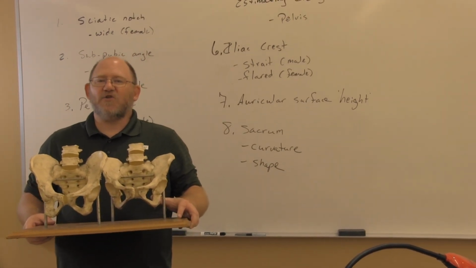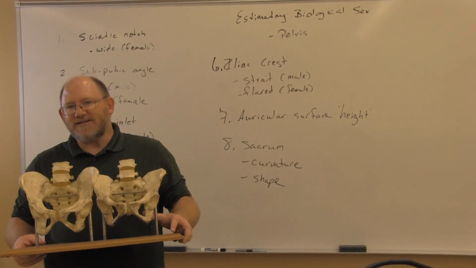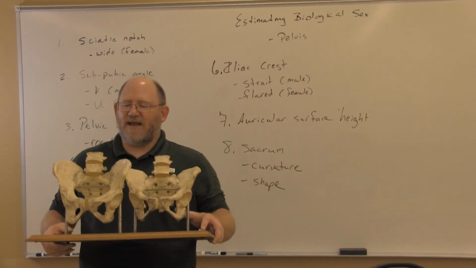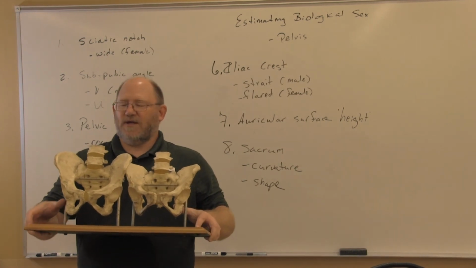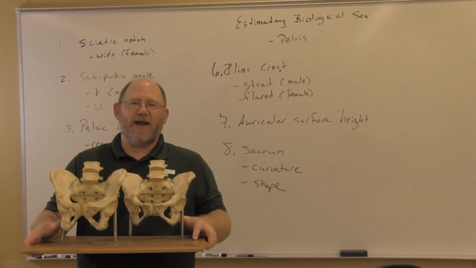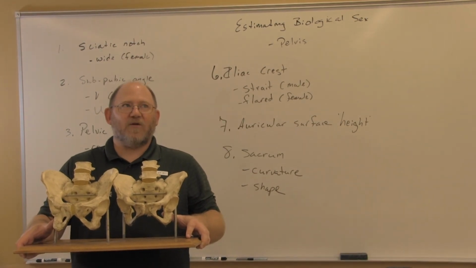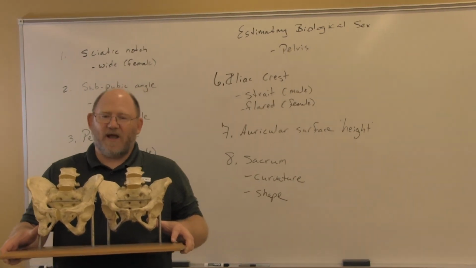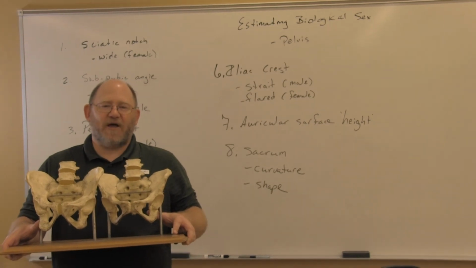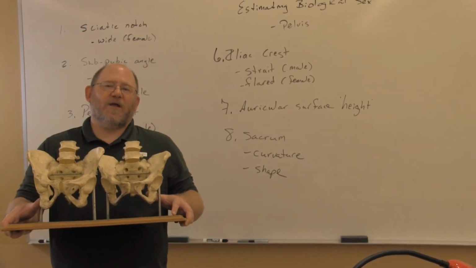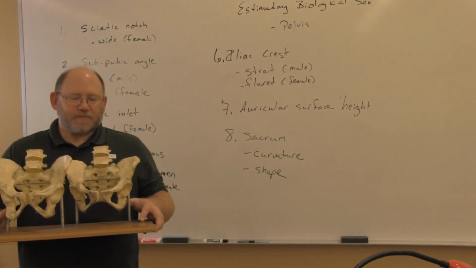Males tend to have a longer sacrum compared to how wide it is. Females tend to have a short sacrum compared to how wide it is. And therefore, on average, females' pelvic girdle will be shorter than males.